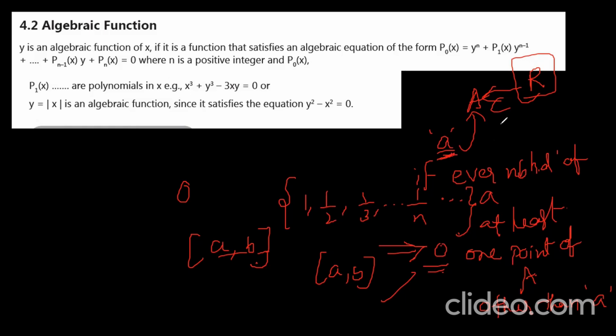Here, all points other than these are 0, so 0 is the limit point of this set. Understand? Very good.